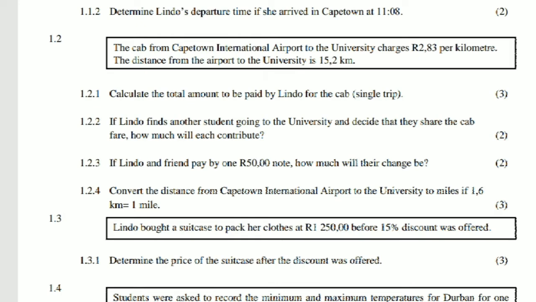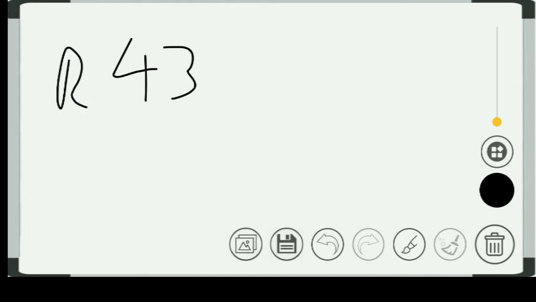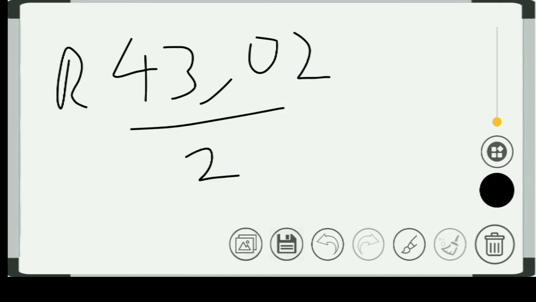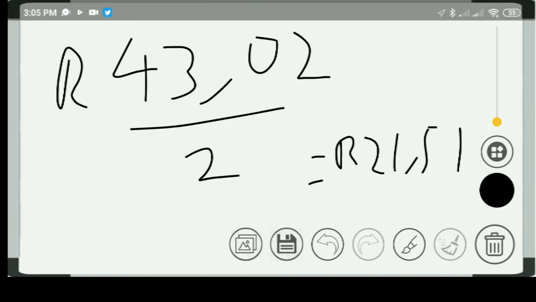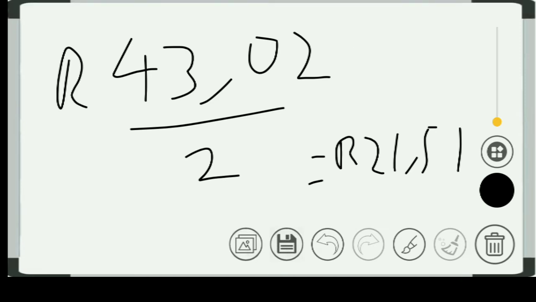So we are going to divide, because they must pay 50-50. So we take the 43 rand 02, the answer we found in 1.2.1, divide by 2, which equals 21.51. So this is it, guys.